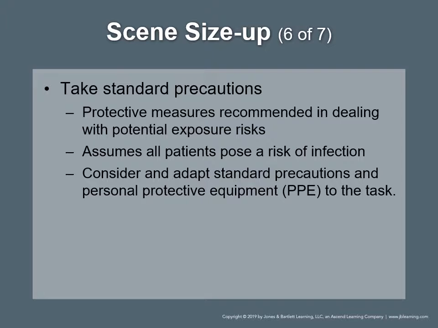Things like masks and eyewear, goggles help keep us from becoming infected from our patients. But also things like turnout gear, helmets, thick gloves if we're doing a lot around metal and sharp things. Those are the things we need to be thinking of before we get to the patient.